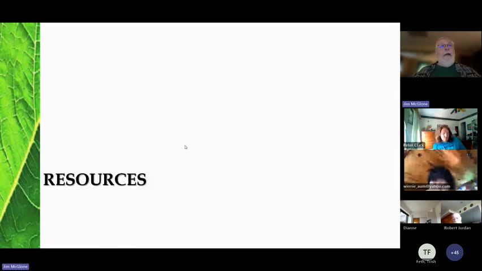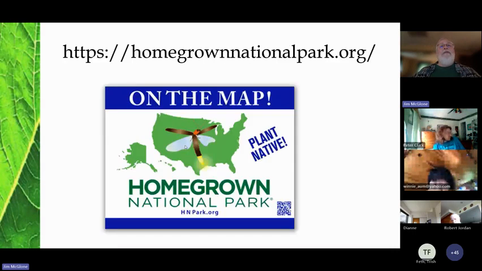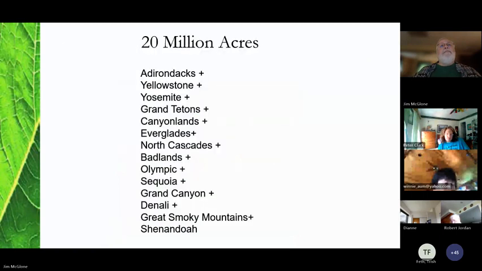Some of the resources. One of the ones that I like is the Homegrown National Park. This was a serendipitous organization that started. Doug Tallamy used to talk about if we just got rid of 20% or 50% of our turf, we could create the Homegrown National Park, which would be 20 million acres, and this will give you an idea of how much turf we grow in the US.